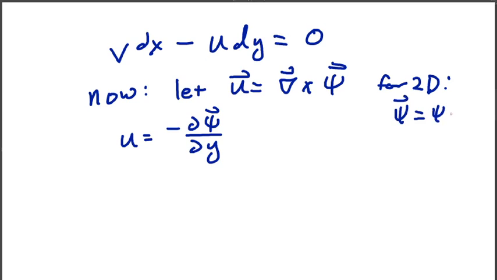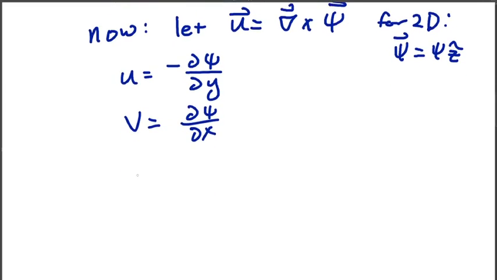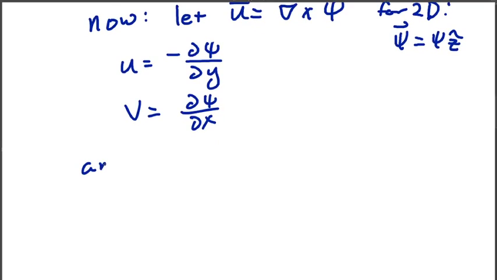It's psi z hat. So we can actually erase our vector bits because there's only one part of the stream function in 2D. So u is given by d psi dy, and then v is given by the other part of our cross product. The v component is given by minus d psi dx.